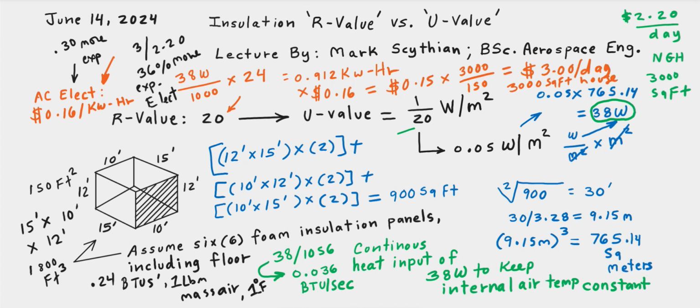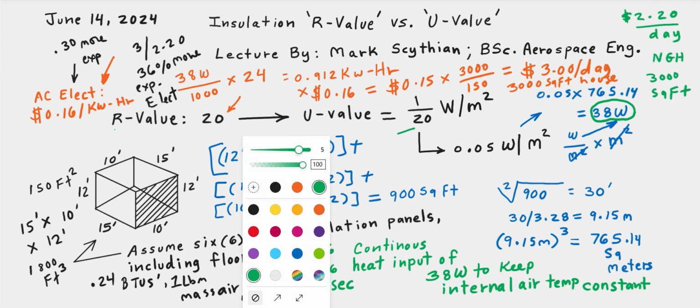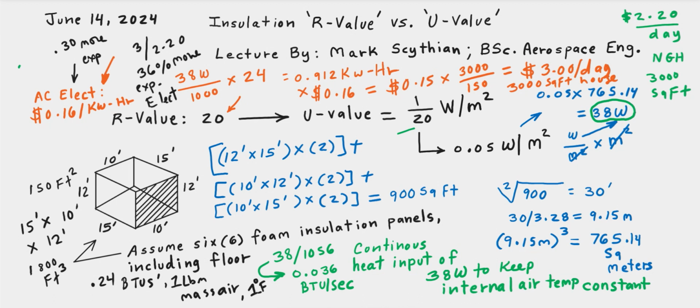So with opening doors and all that stuff, we can ascertain that we have between a 30 to 36% more expensive heating cost with electric versus gas, and that kind of includes opening doors and all the other normal losses. So overall it could be between 30 and 40% more expensive to use electricity.